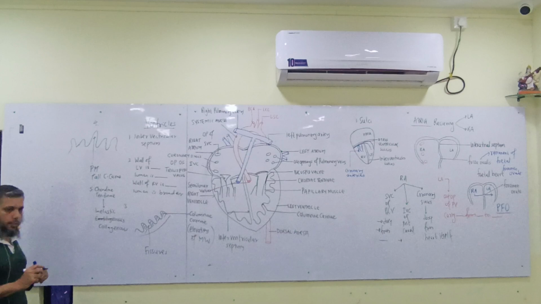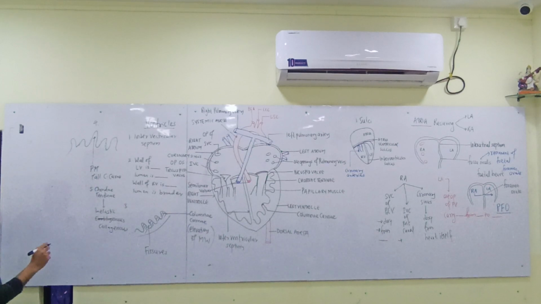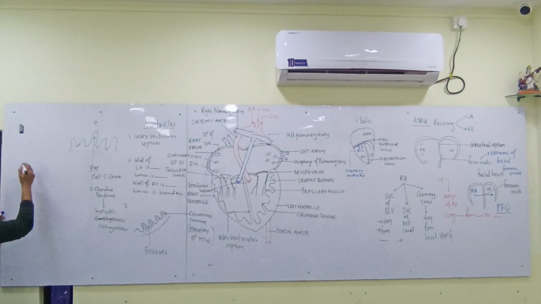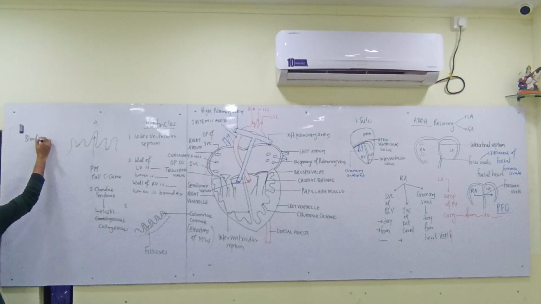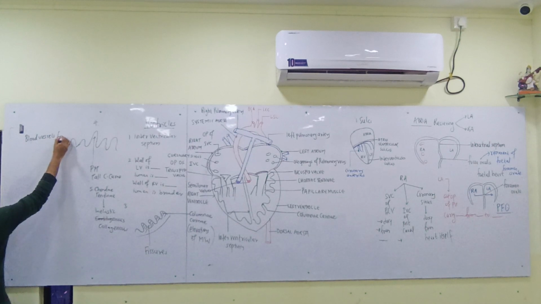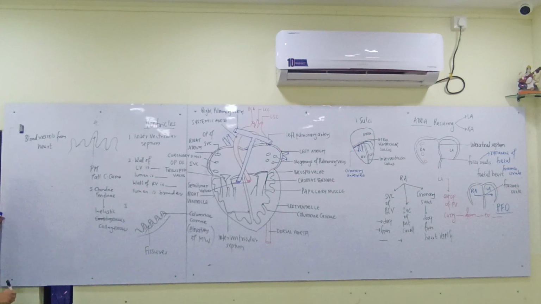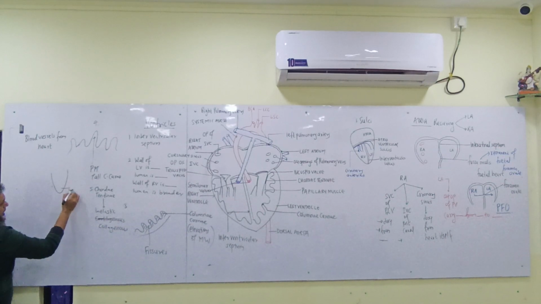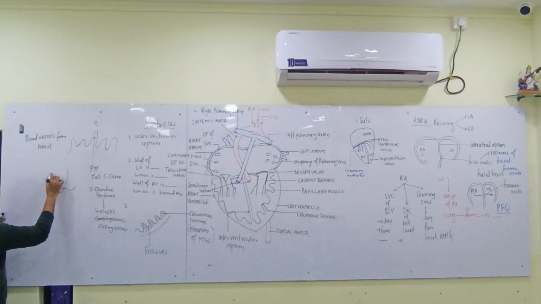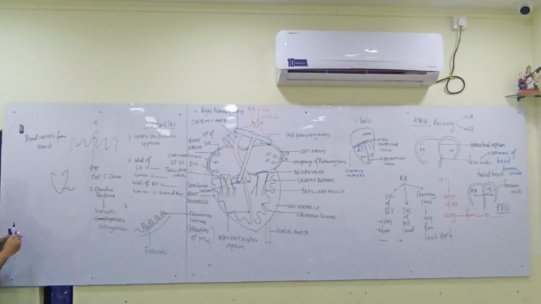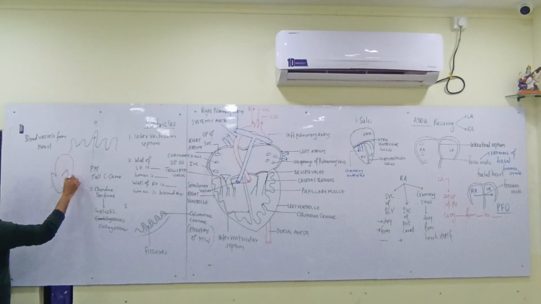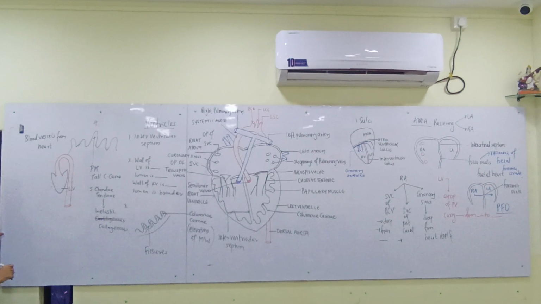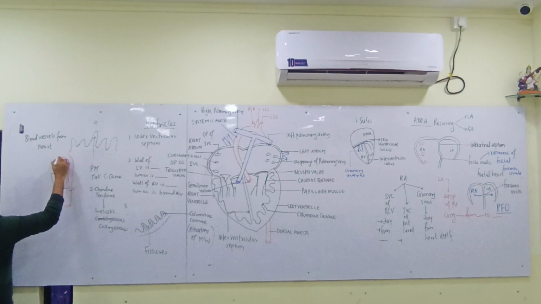Okay. Then let us look at the major blood vessels that are arising from the heart. Here we find that this is the left ventricle, LV is written. And from the left ventricle arises the mother of all the arteries. All the arteries arise from this blood vessel. And what is that blood vessel called? Systemic aorta.